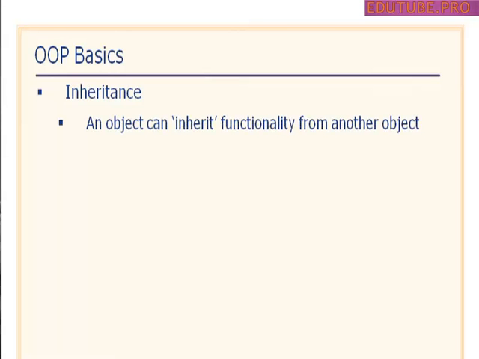Next, and this is a big one, is inheritance. Now, we all know what inheritance is out here in the physical world. It's when a loved one or a stranger or somebody leaves this world and they leave their worldly belongings to us. Okay? And with just a little luck, those worldly belongings are worth millions and millions, right? Well, the same type thing can happen in software code. And with inheritance, an object can inherit functionality from another object. All right? Then you can add even more functionality.